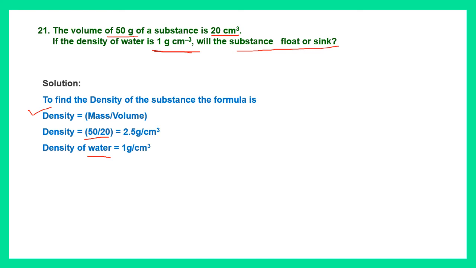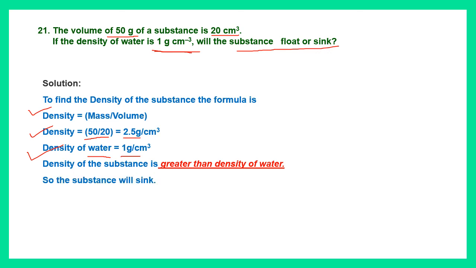So now you are having density of substance and density of water. Both the densities are with you. See, density of the substance is greater than the density of water, that you can see clearly. It is 2.5 and that is 1 gram per centimeter cube. So what will happen? The substance will sink into the water. Okay.